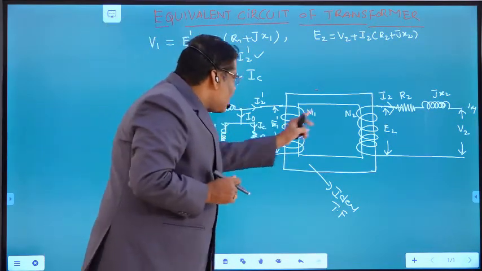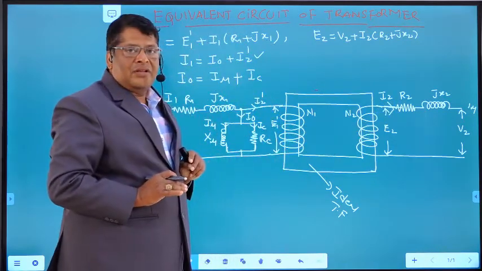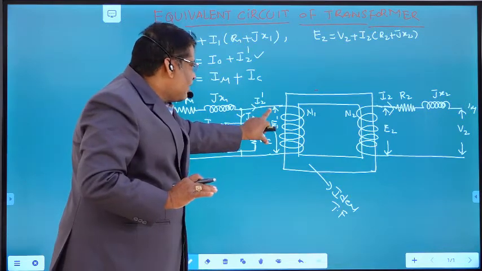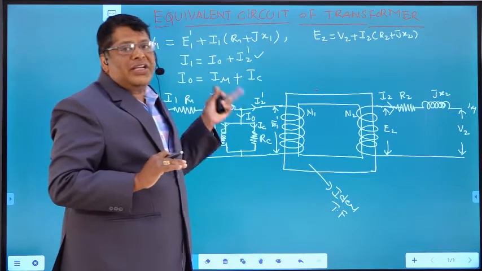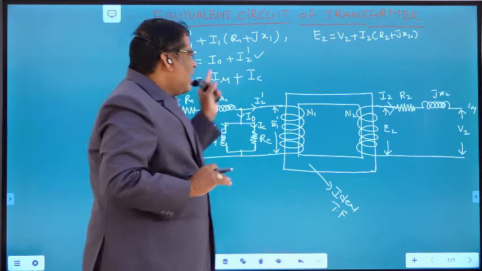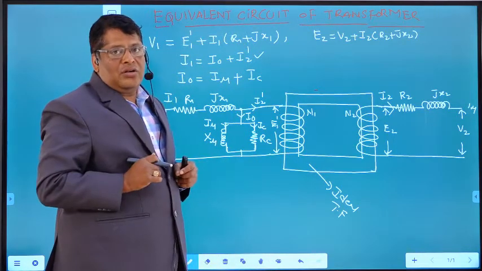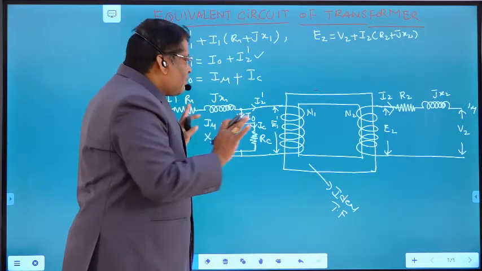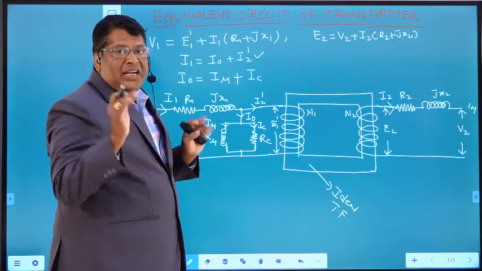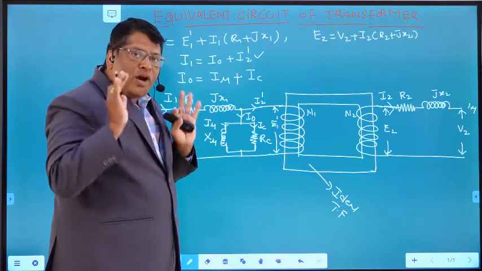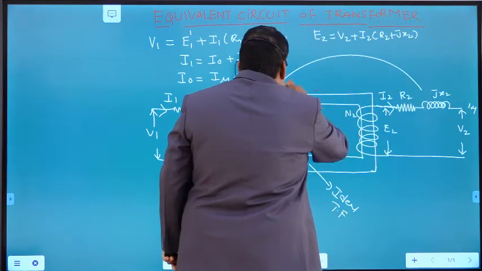If E1 dash and E2 are equal, then we can keep these elements here. But here, the voltage rating of the primary circuit as well as the secondary circuit is different. Whenever the voltage rating is different, the current in the primary winding as well as the current in the secondary winding will also be different in a transformer. Now, if you keep the transformer in this manner, we can't do anything theoretically. For ease, we have to transfer these elements to the primary.